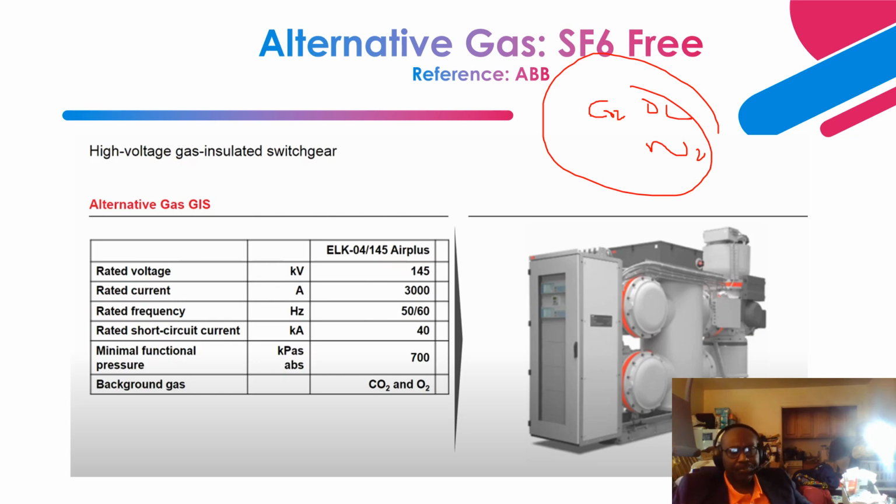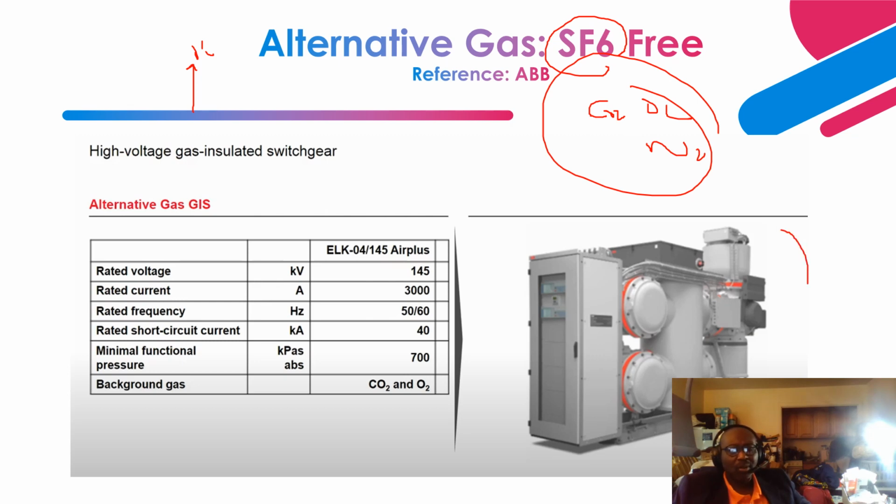The reason is that SF6 is a high contributor to global warming, right? To mitigate that effect, a lot of our utilities, states, and countries are all pushing for the alternative gas that is SF6 free.